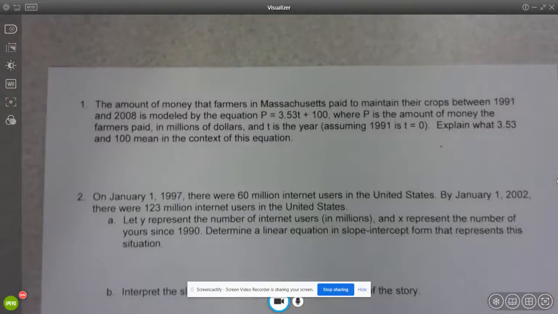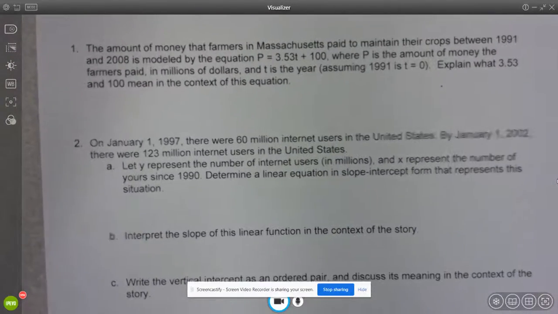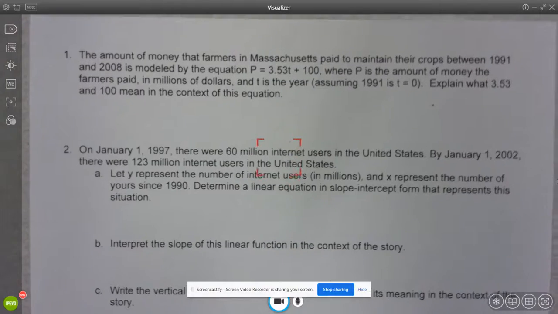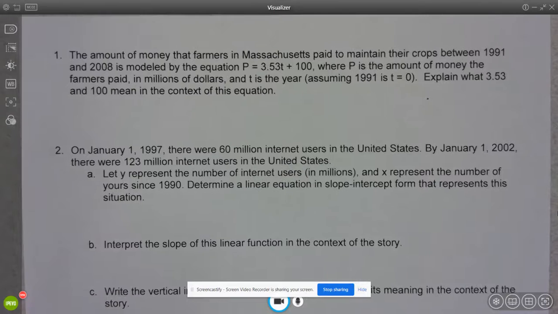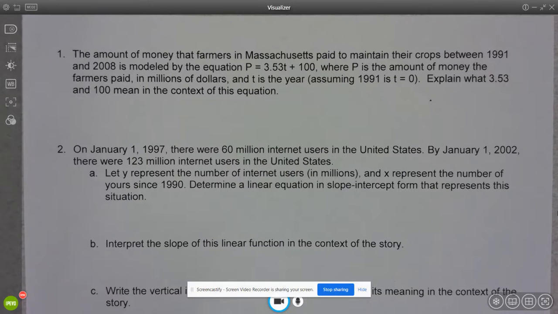All right, so in this video, we're just going to go back and do a little refresher on linear functions and interpreting what different parts of the equation mean and how we can use those equations to answer some questions. So the first one here tells us that the amount of money that farmers in Massachusetts paid to maintain their crops between 1991 and 2008 is modeled by our equation.